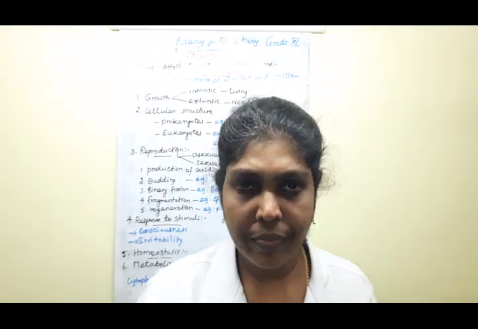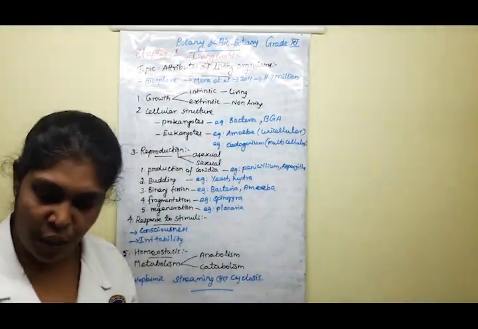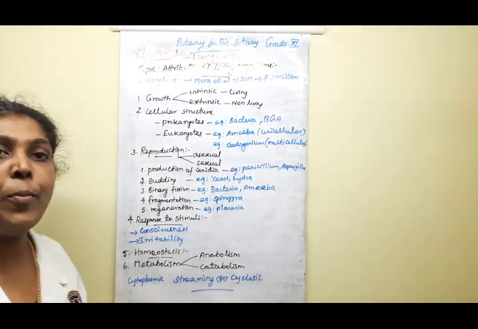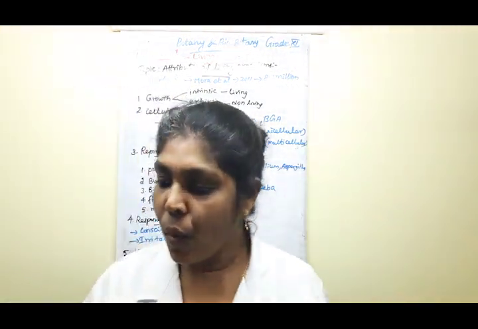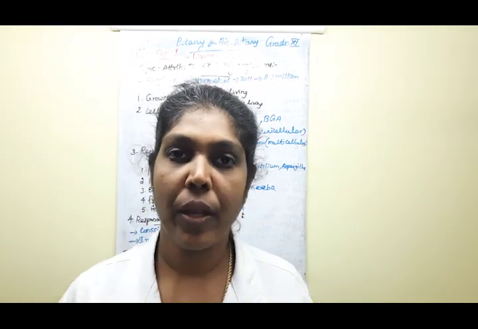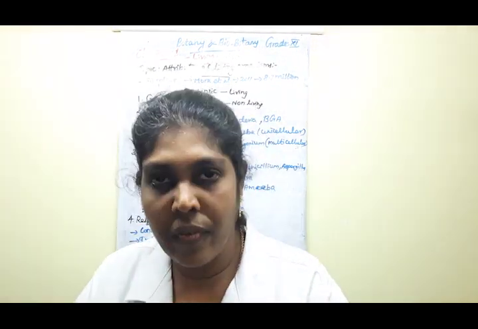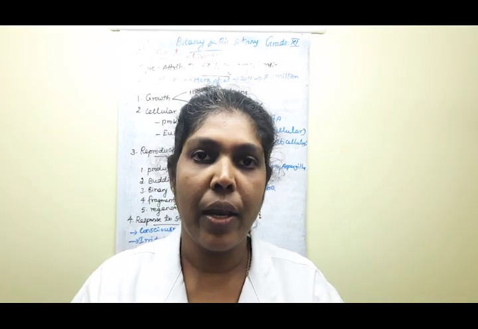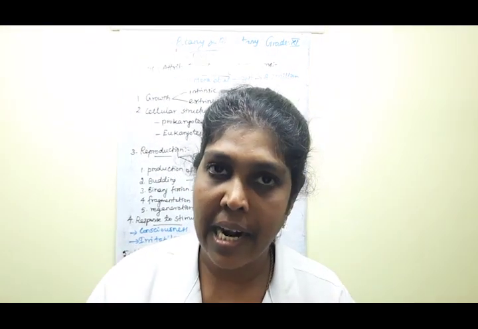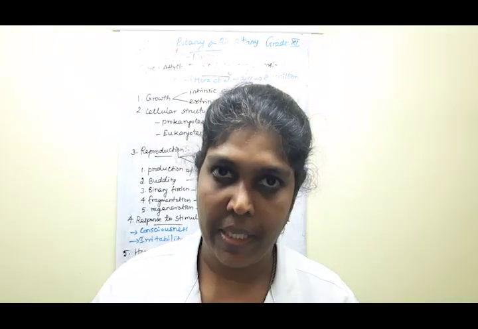Yes, very good. The next characteristic we are going to learn about is homeostasis. What does homeostasis mean? Internally, an organism has certain characters, and those characters are set according to the external environment.